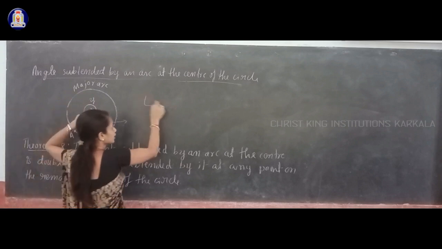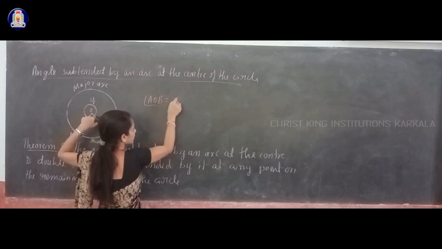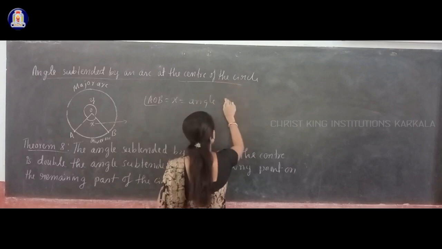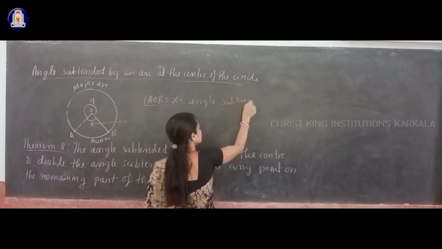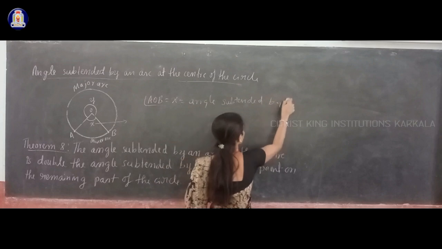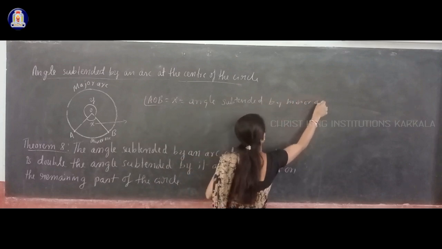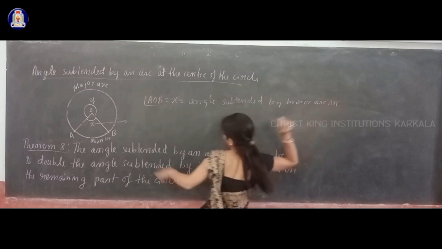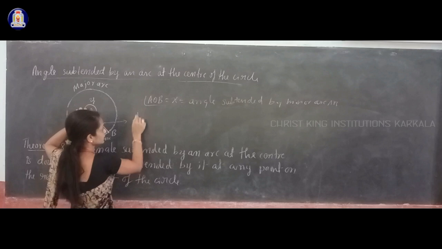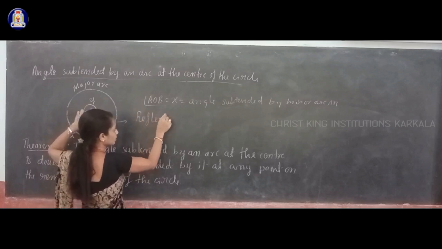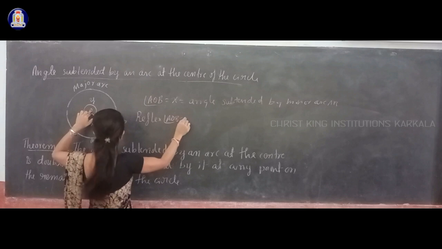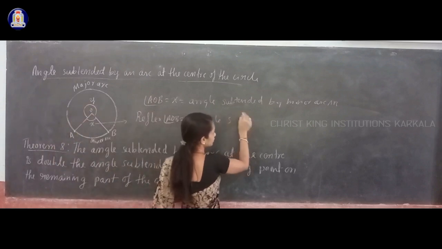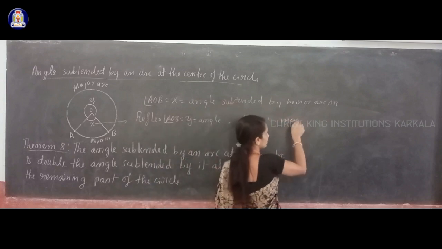Just angle AOB, that is angle X, is the angle subtended by the minor arc AB, and this side angle Y, that is the reflex angle AOB, is the angle subtended by the major arc AB.